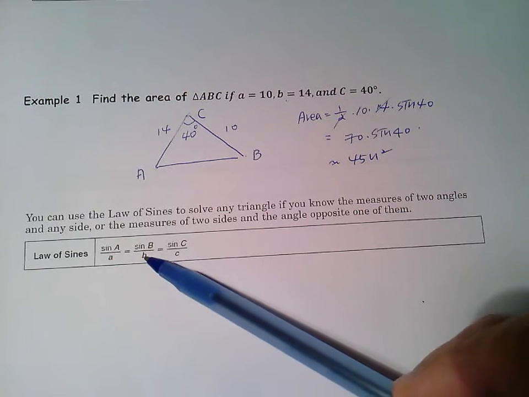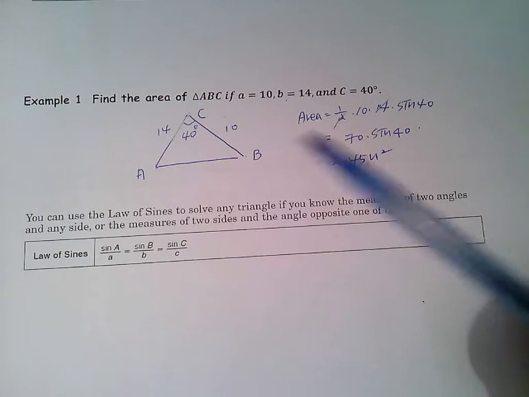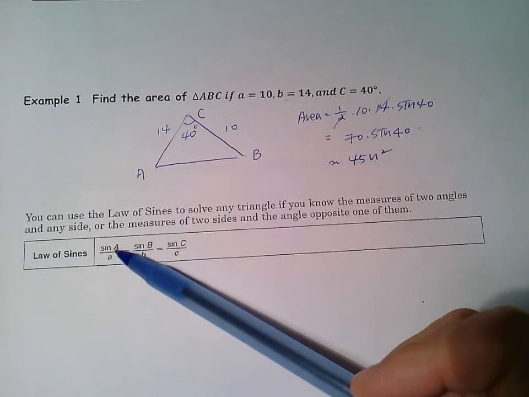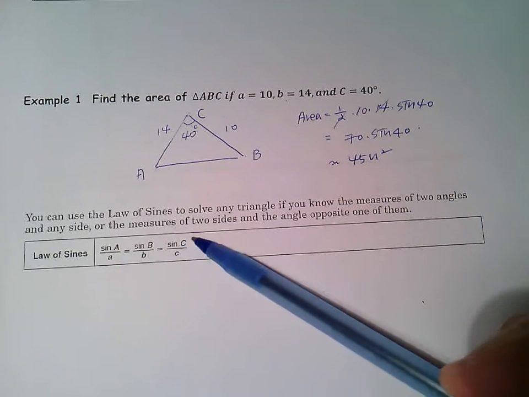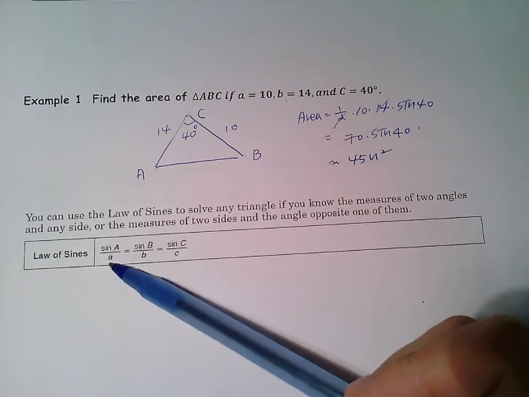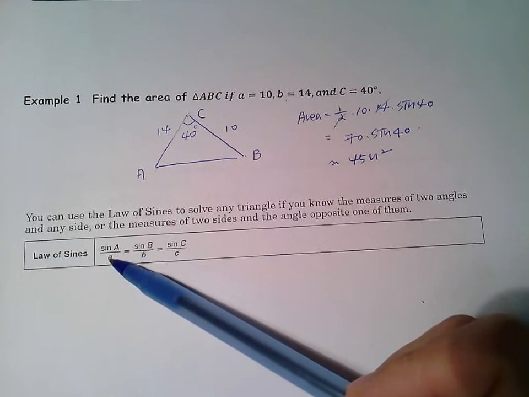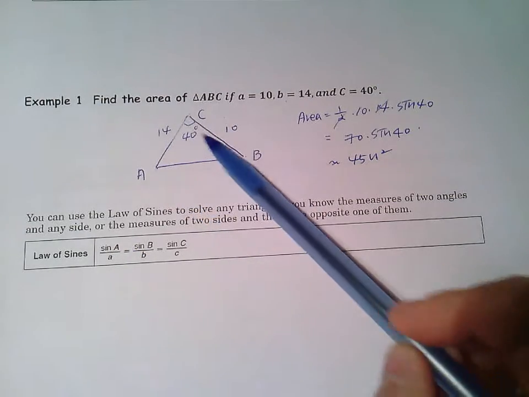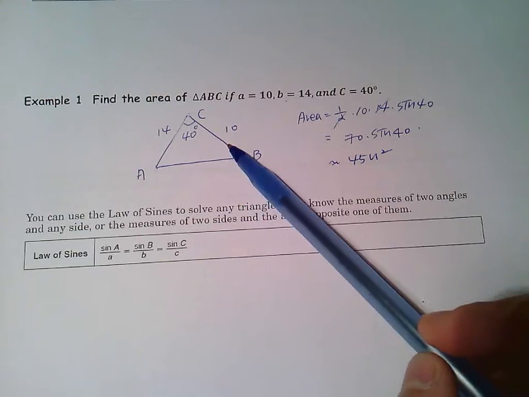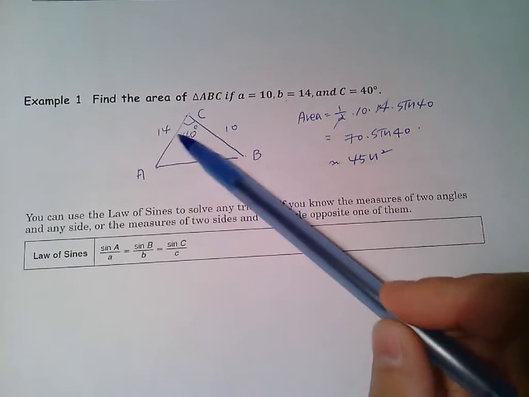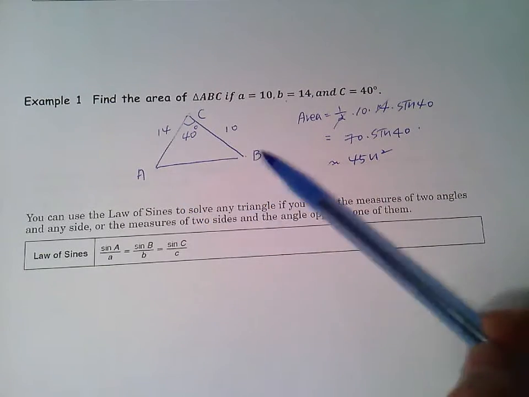Make sure the lowercase a, b, c stand for the length of each side, and the capital A, B, C stand for the angles, okay? So you have to match up the corresponding angle with the corresponding side. Sine of A corresponds to the opposite side a, sine of B corresponds to b, and sine of C corresponds to the opposite side c.